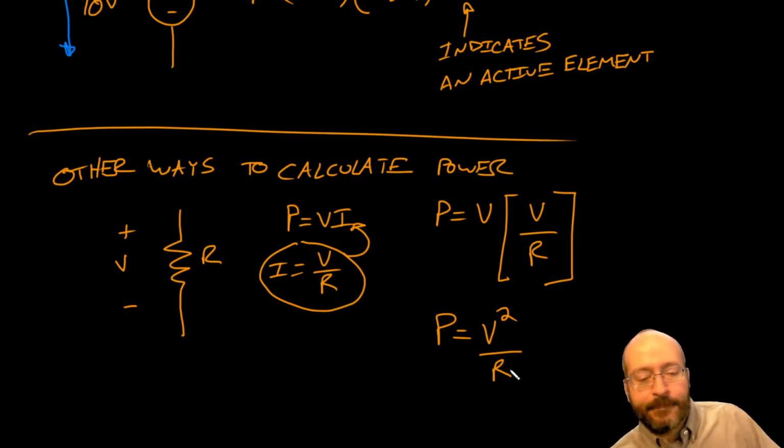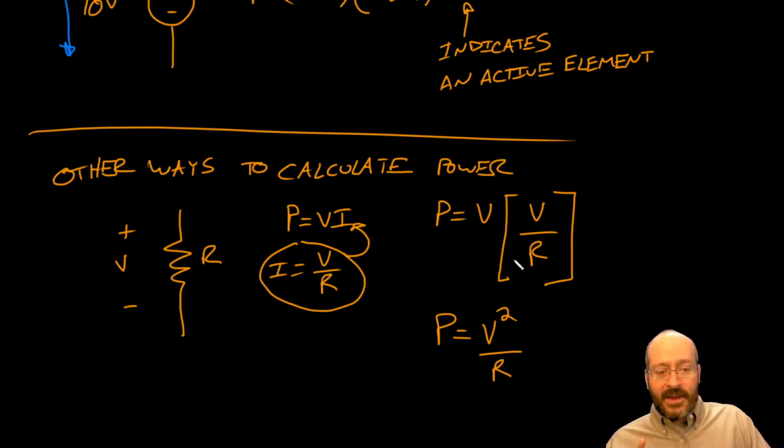Here's my problem with that. You don't take the sign with the voltage, but you have to consider current direction. And when we use this form, we're losing the sign from the current. We lose that sign from the current because we end up squaring it. And whatever sign was there, it's gone.